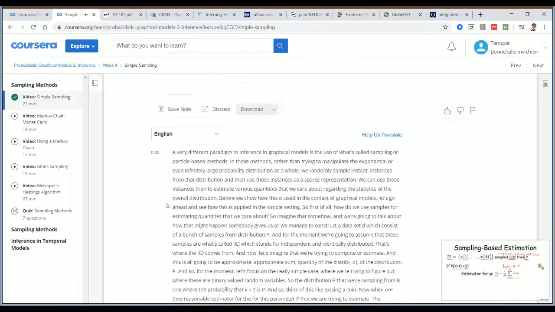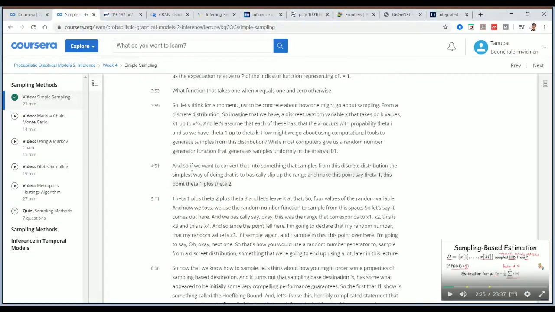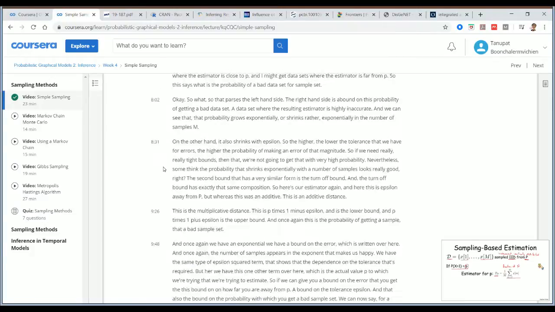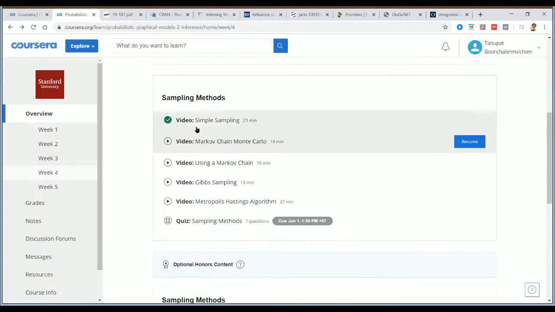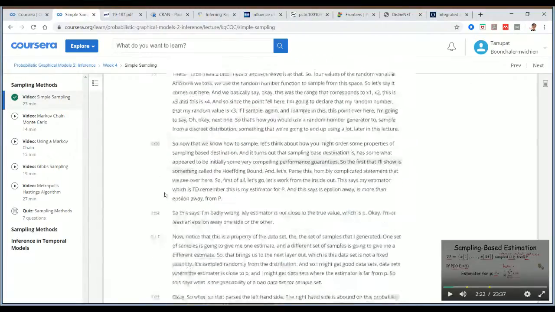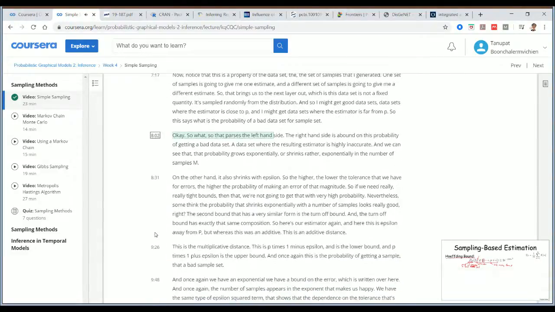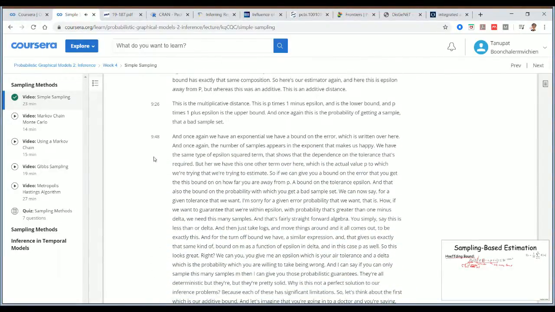And if you think about it, that's perfectly reasonable. Okay? So that parses the left-hand side.